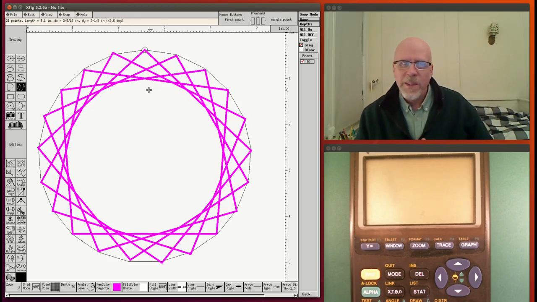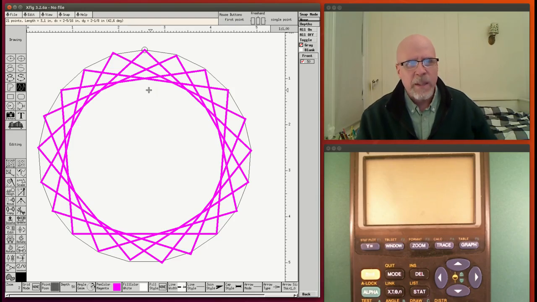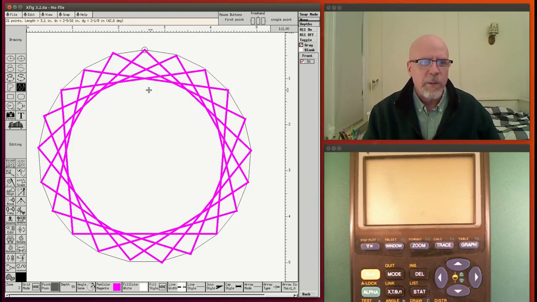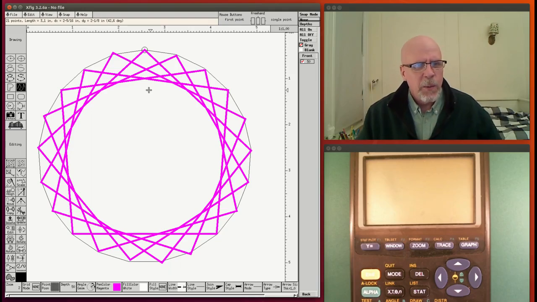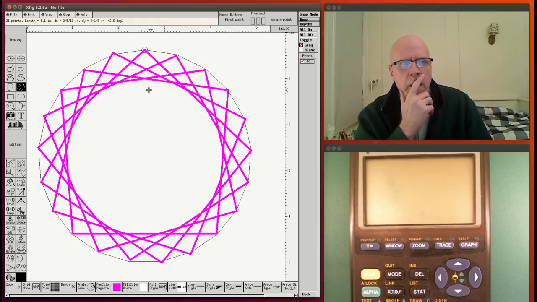Wow, isn't that cool? It's an interesting design. It looks a little bit like Spirograph if you've ever played with that toy. Well, this is a very different situation than what we had before because this star has as many points as there were on the clock.